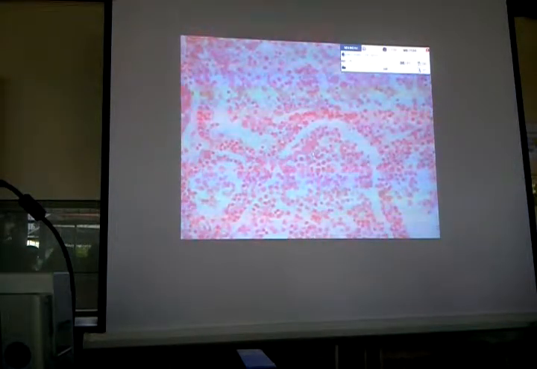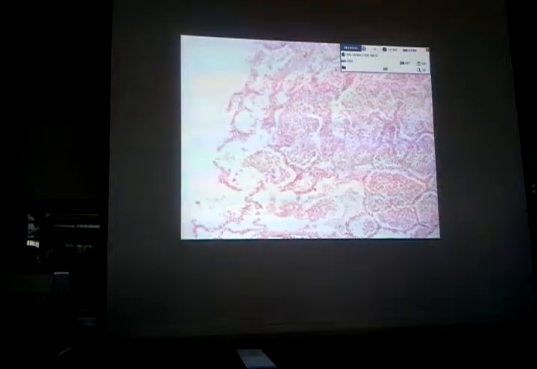Kung yan lang ha. However, this slide is labeled as acute bronchopneumonia, indicating the presence of acute inflammation in the bronchi also.